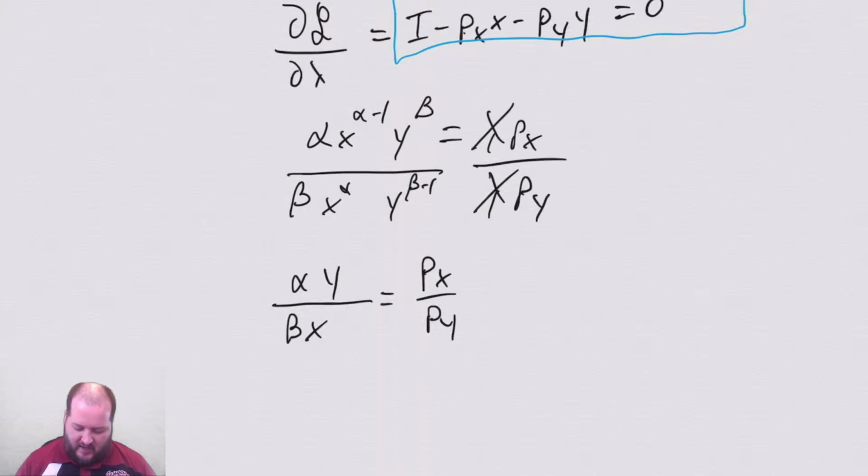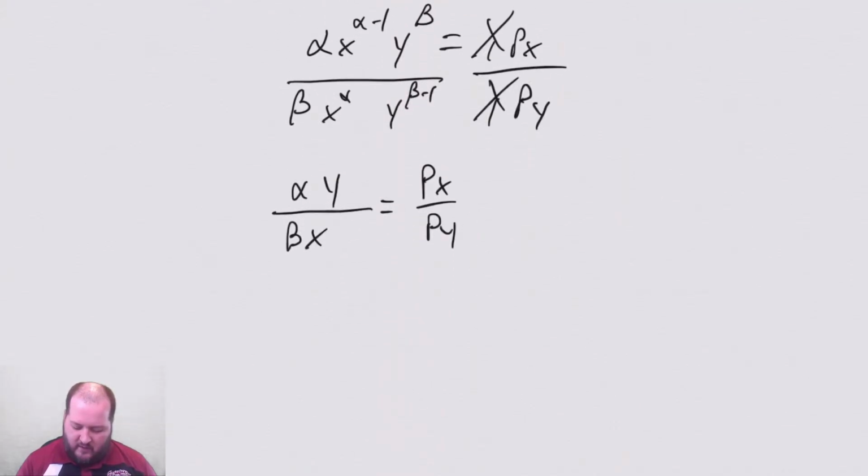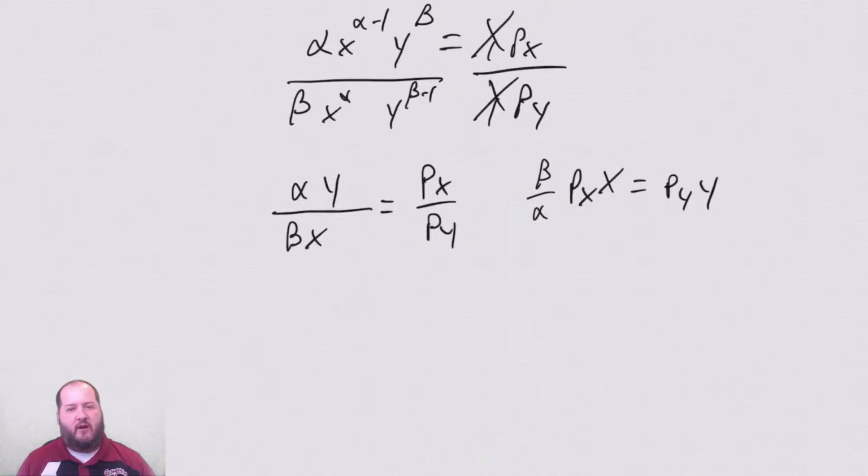I'm going to say that PXX times beta over alpha equals PYY. That's it right there. That's my tangency condition. And again, remember that the tangency condition is going to tell you what the slope of the utility curve has to be where our solution is going to lie.